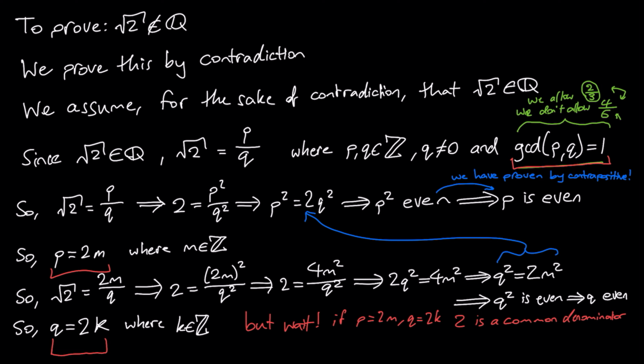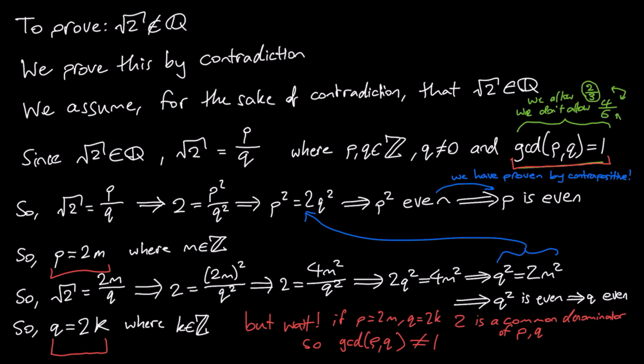Two is a common denominator of p and q. So the greatest common denominator of p and q cannot be equal to 1. Because it's at least 2, because we know that the number 2 is a common denominator. So the greatest common denominator is at least 2.